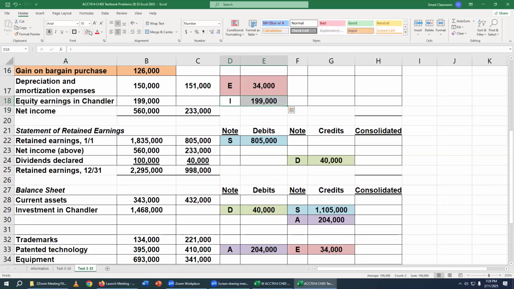We need a color for that. Oh, let's do yellow. Nice and bright. And by the way, you can see here, I think at the 199, the 233 minus the 34 will give you that.